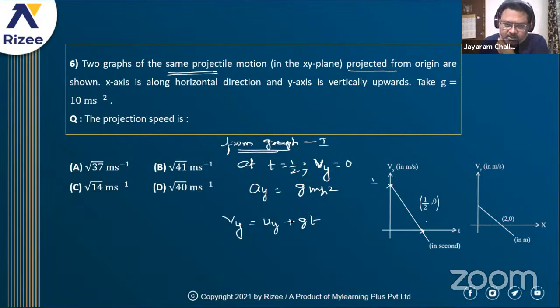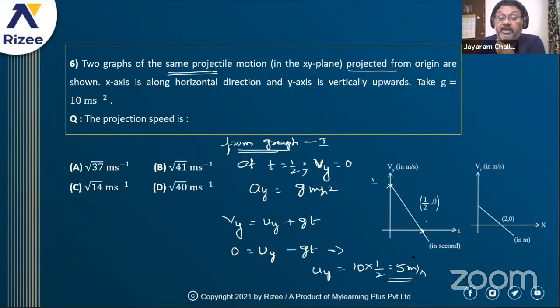Since g is downward and u is in the upward sense, 0 is equal to uy minus gt. From this, uy is equal to g, taking g as 10, times the time 1 by 2, which is 5 meter per second. We have got the velocity along the y-axis.